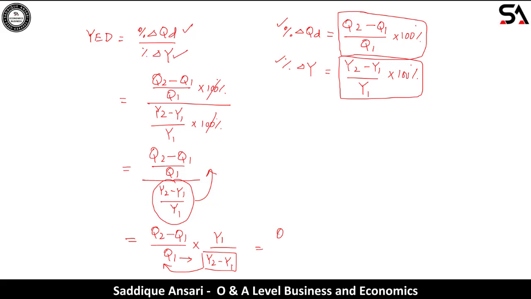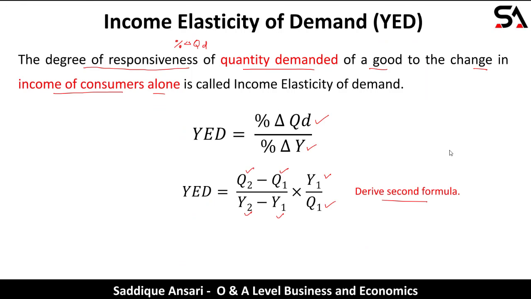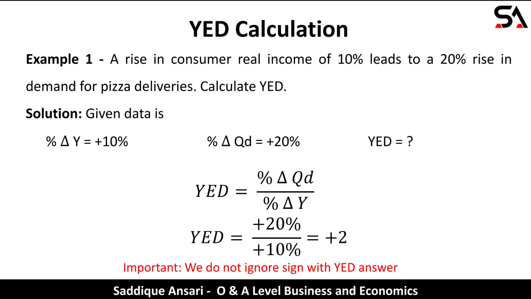So this will become Q2 minus Q1 over Y2 minus Y1 multiplied by Y1 over Q1. So whether we use this formula or this formula, we will get the same answer. These are the two formulas which will be used to calculate income elasticity of demand.